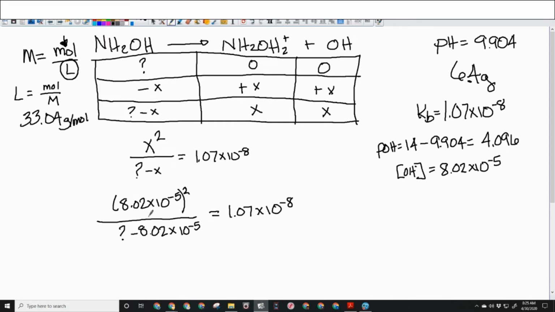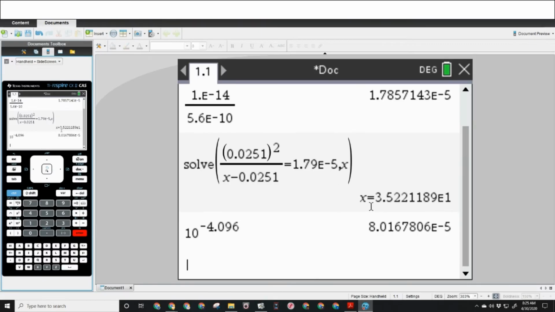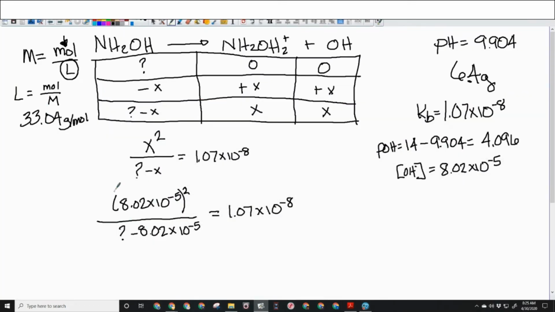The way this is set up, you would have to use the quadratic equation. No, that's if you're solving for x. Okay, so you could do this.